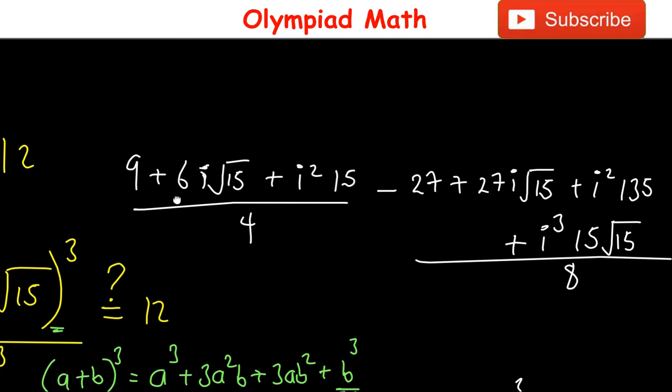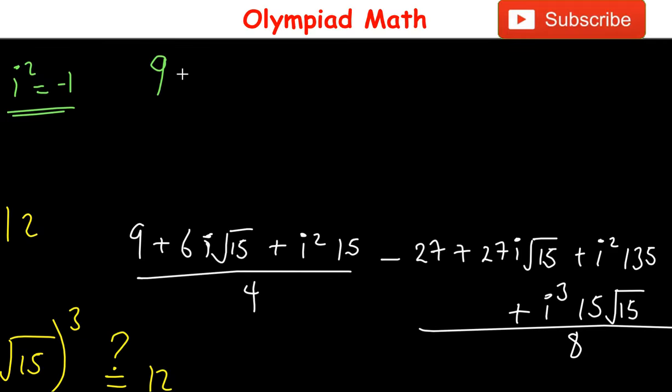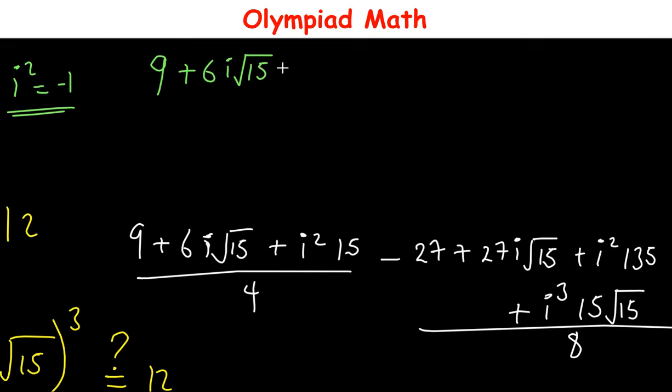So next, from here, recall that the value of i squared is equal to minus 1. So this then becomes 9 plus 6i times square root of 15 plus i squared is minus 1, so 15 times minus 1 divided by 4.